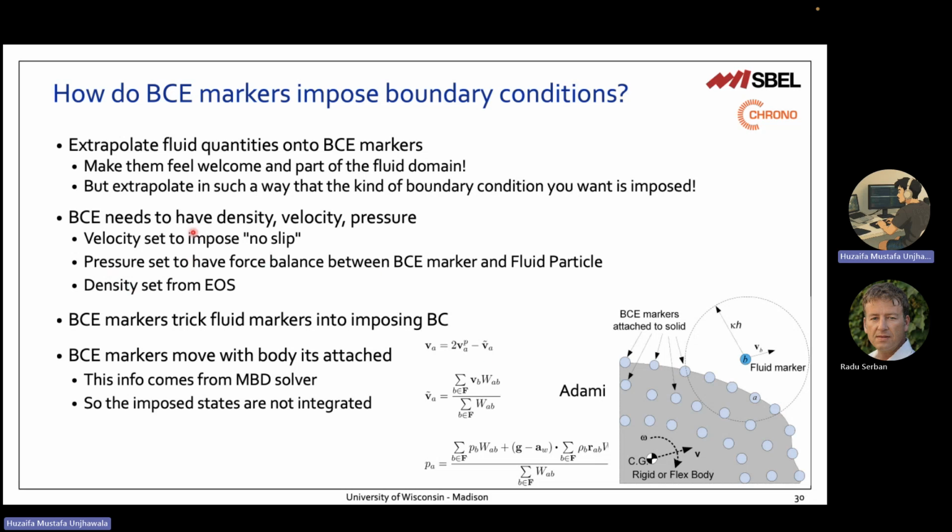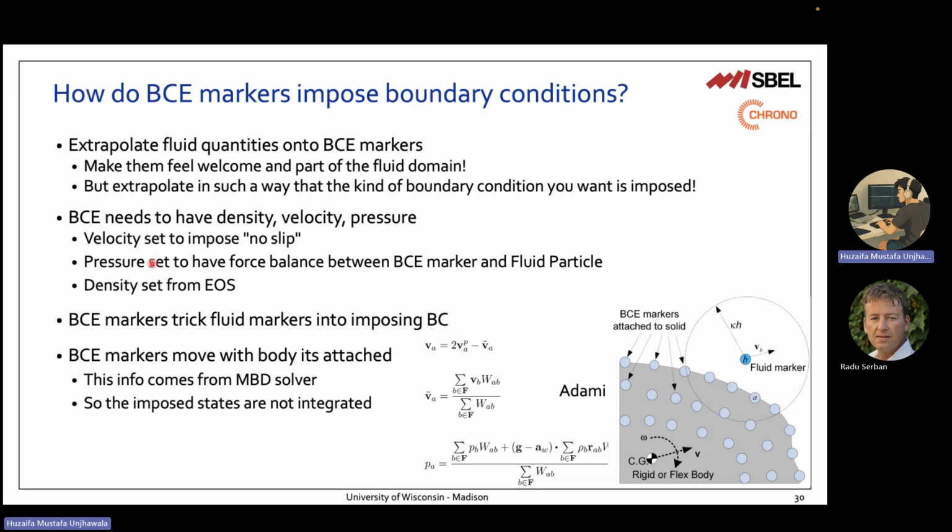So we offer certain kinds of boundary conditions which help give these markers this state of velocity, pressure, and density. So if you want the no slip boundary condition, which means if you have an SPH particle and it's coming into contact with the rigid body, you want it to stick as much as it can. That's no slip. Then you need to do this extrapolation of these quantities from the fluid domain in a certain way.